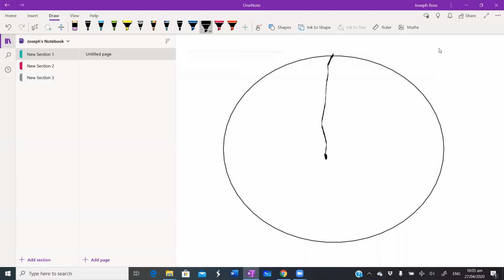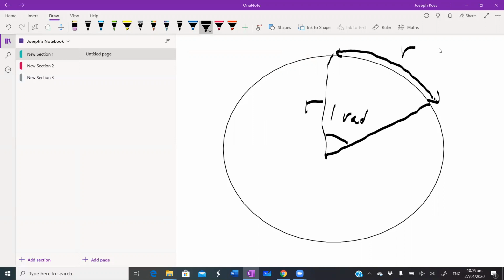And 1 radian is if we go around the outside of the circle the same distance as the radius. So we've got the radius, and we've also gone around the outside of the circle by the same distance, and then that central angle there will be 1 radian.